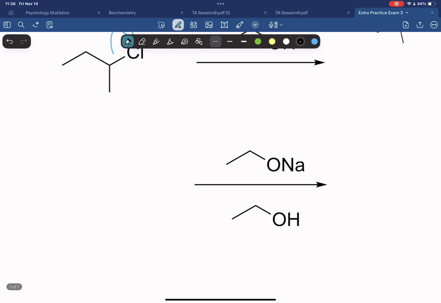So looking at our solvent, what kind of solvent do we have? Do we have a polar protic solvent, right? Since we have a polar protic solvent, we're not going to be able to do a very good SN2 reaction, because our nucleophile is going to be very caged. So let's go ahead and see what that's going to look like.